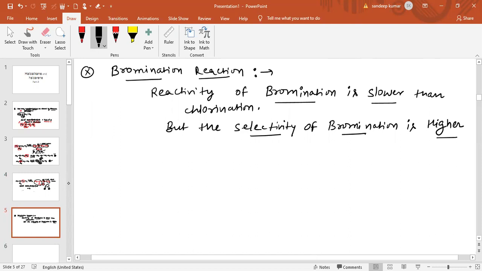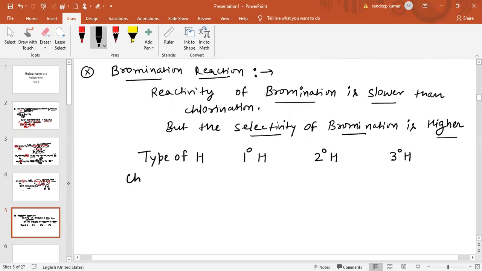We will discuss the selectivity on the basis of the type of hydrogen. Hydrogen can be 1 degree hydrogen, 2 degree hydrogen, or 3 degree hydrogen.